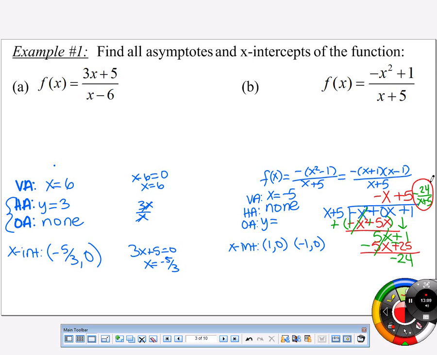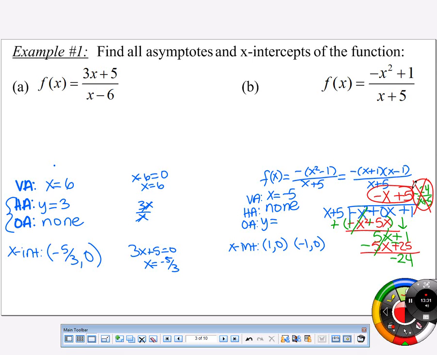It's going to get really small. Like if I put 1,000,000 in for x, what's 24 divided by 1,000,005? Something really small, right? Then what if I put in like 1 billion? 24 divided by 1,000,000,005 is something even smaller. So basically, the remainder ends up not mattering, okay? It goes off and becomes 0. And this is what you're going to use as the equation of your oblique asymptote.